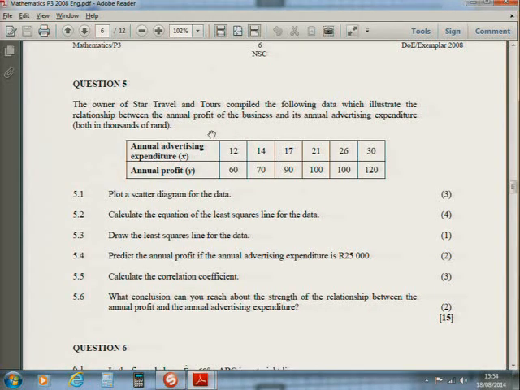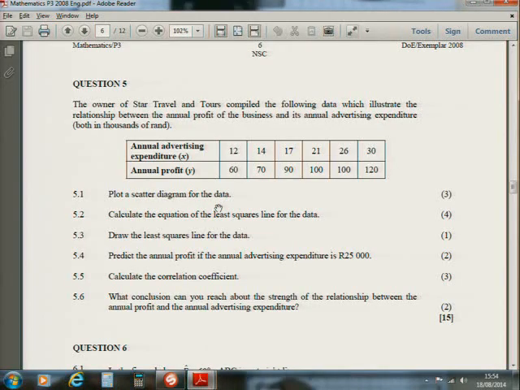Or the company here, Star Travel and Tours, spent 12 rand. What was the profit? Annual profit was 60 rand. Now plot a scatter diagram. I'm leaving the points on the screen for you now to plot them on your graph paper there. Remember, I said the ruler sometimes helps you a lot to actually draw this properly. Let's draw now. It says 12 there. 12 gives us 60.